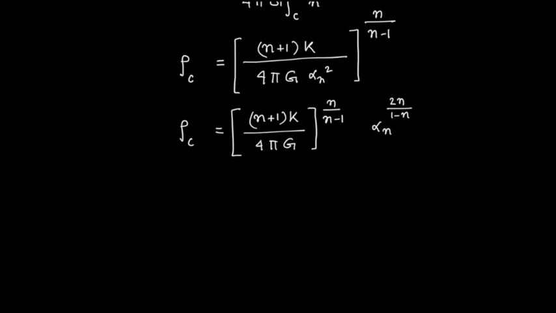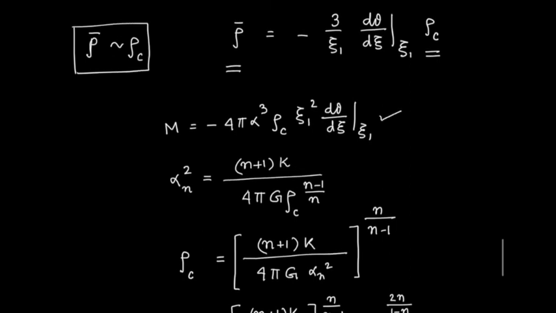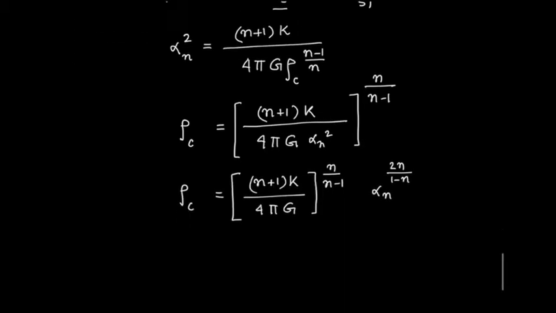Alright, so I got rho c in terms of alpha n. And why am I doing this? Well, I have the mass here. This rho c I can replace in terms of alpha.